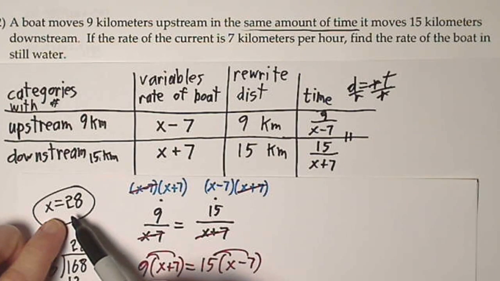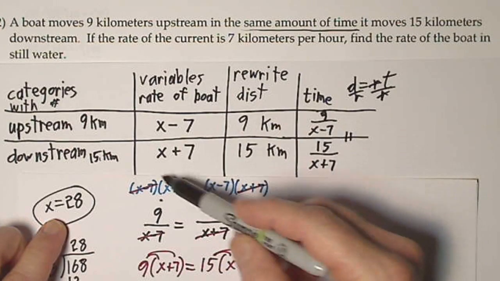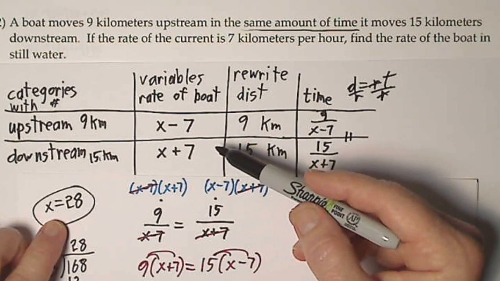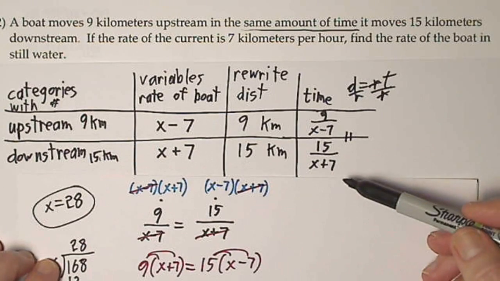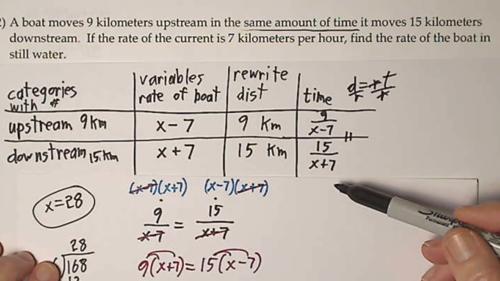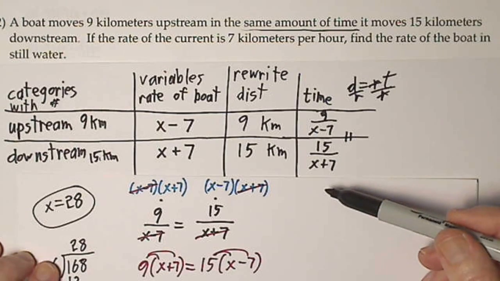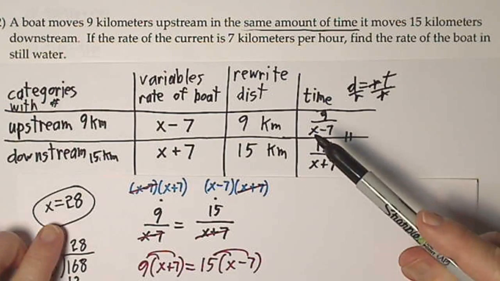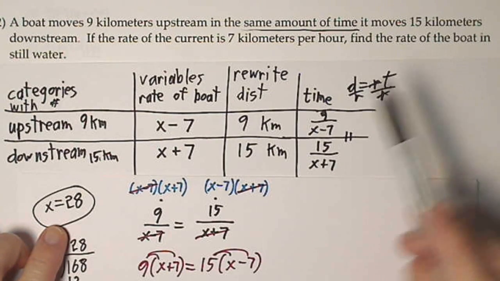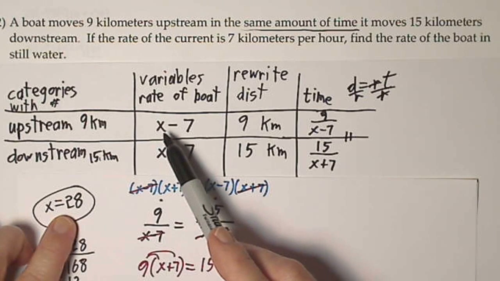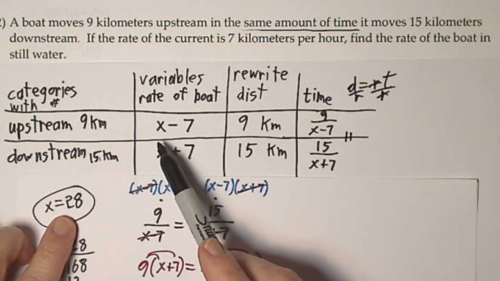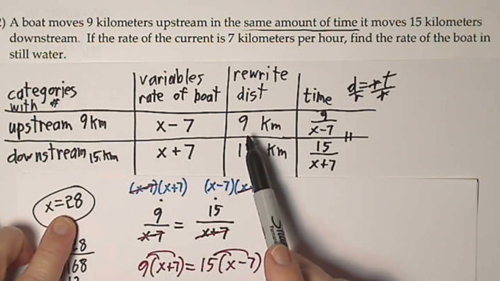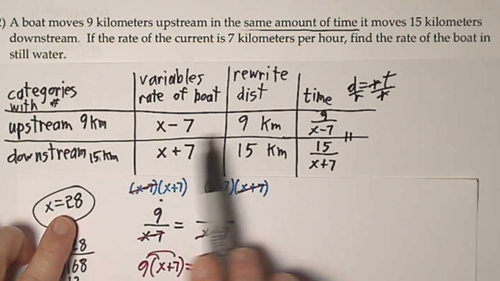That's x. This is the rate of the boat. I could have made a third category down here that maybe would have helped that, but because it makes sense if I put, well, this is the distance it travels, so you won't see it show up right there.